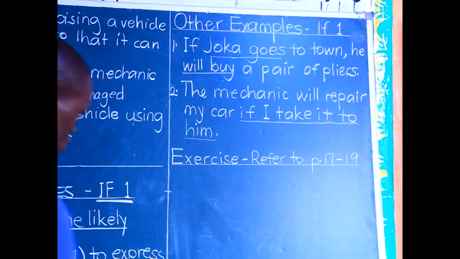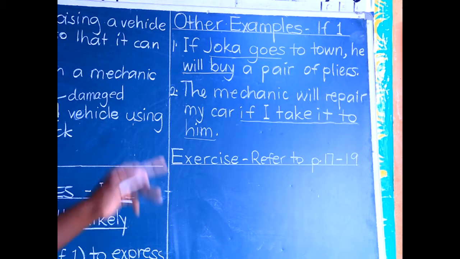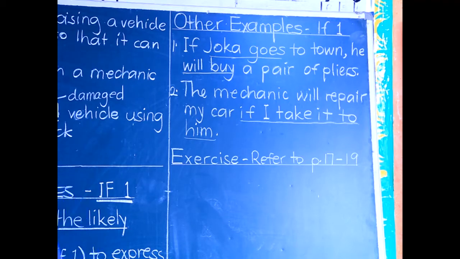The if one activity is on page 17 and 19 in our workbooks. You go to page 17 and page 19 in the workbooks and you'll be able to get the details about the activity connected to conditional sentences. Strictly if one, you'll not see your teacher talking about if two or if three.